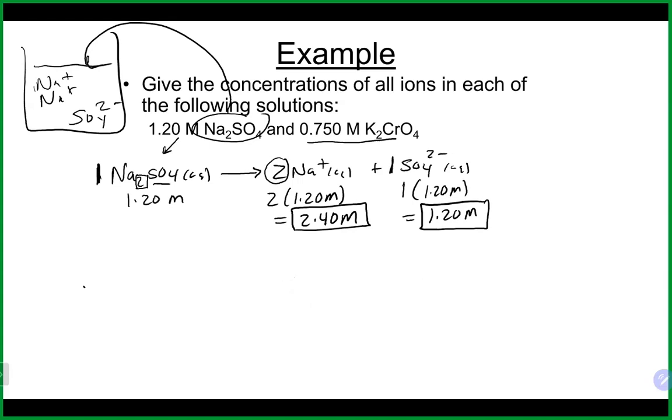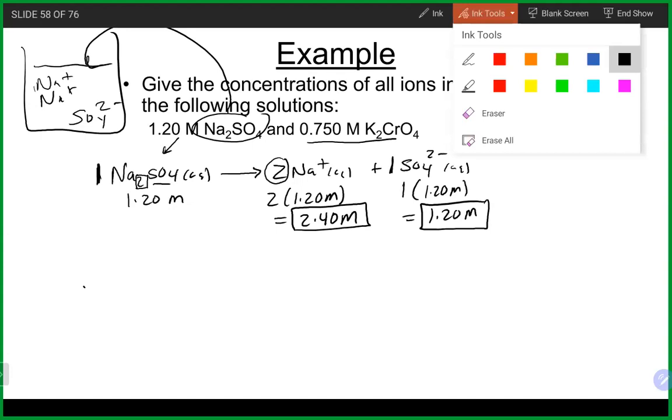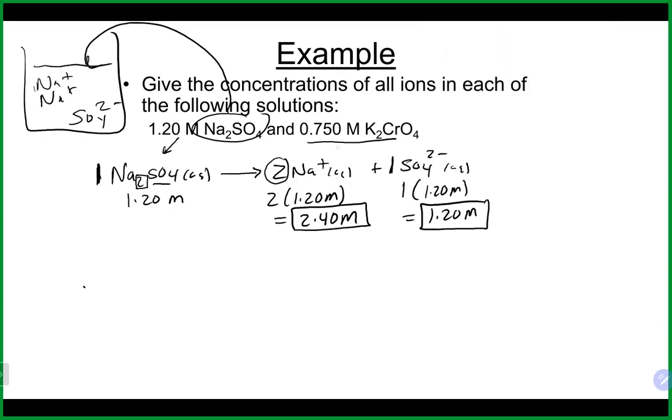If I wanted to know, instead of the molarity of each of these ions, what is the equivalence per liter of each of these ions, both the sulfate and the sodium ion, we could do what we talked about last time. In this case, we would look at the sodium ion.